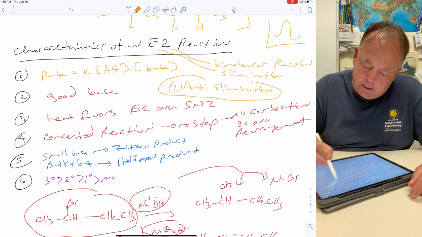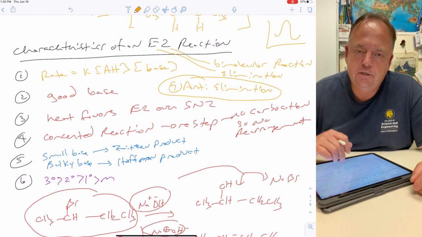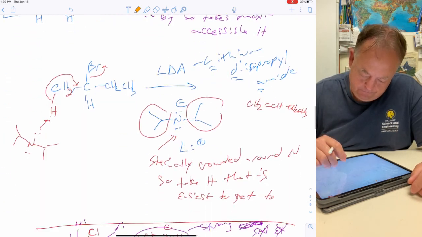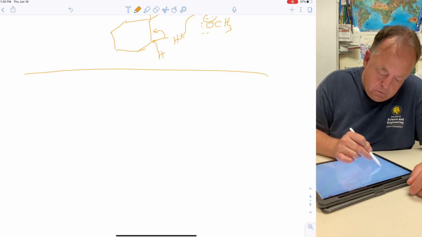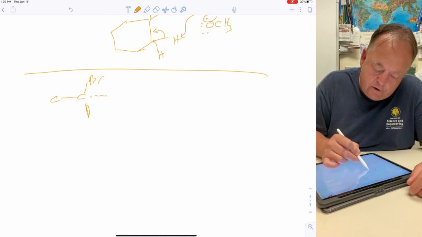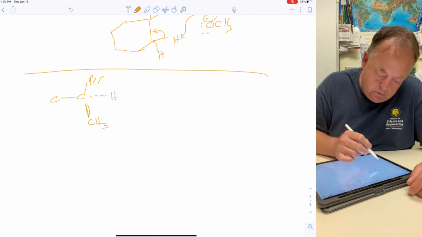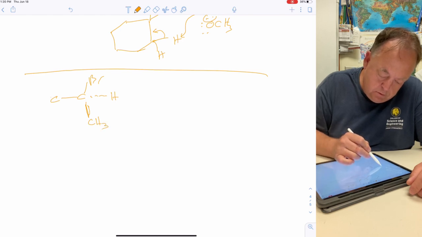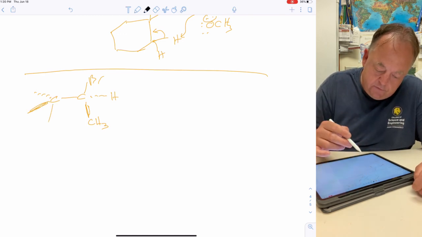And that's the concept that it has to go through an anti-elimination mechanism. So just like with the SN2, stereochemistry was very important. Let's make this different.